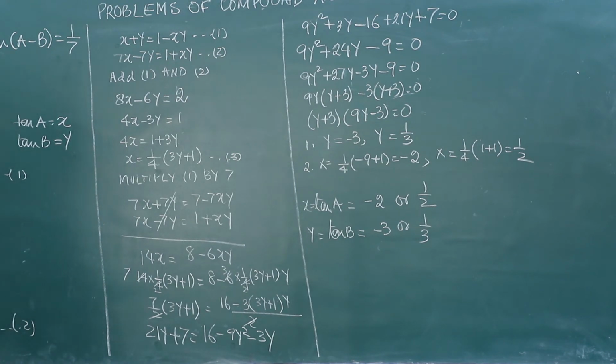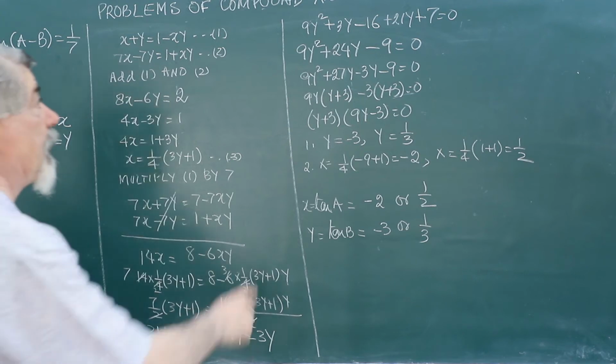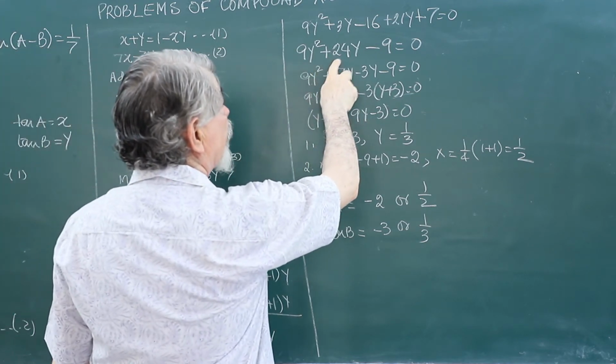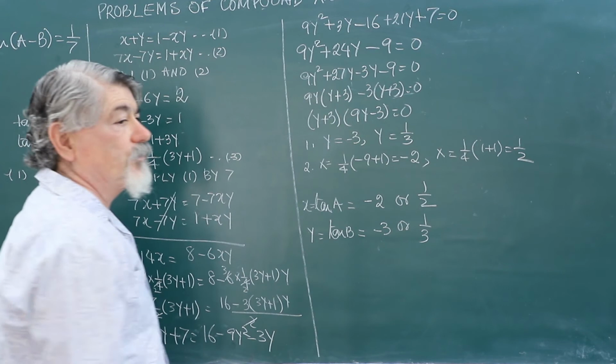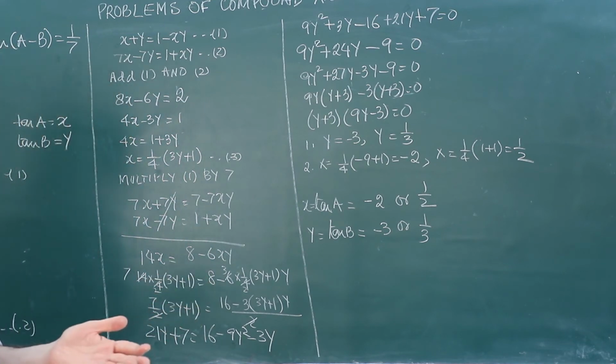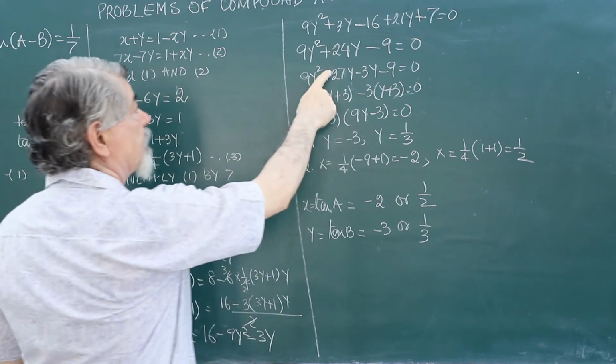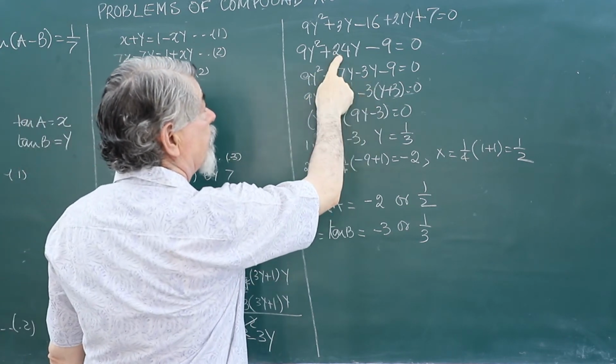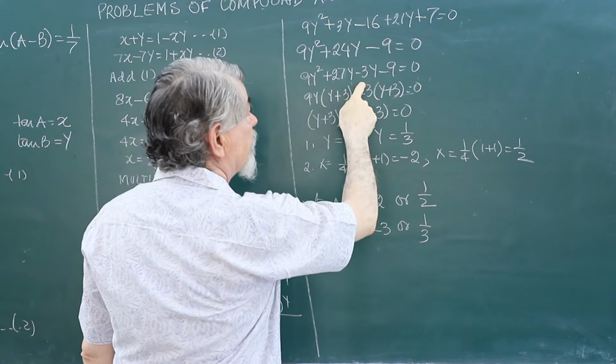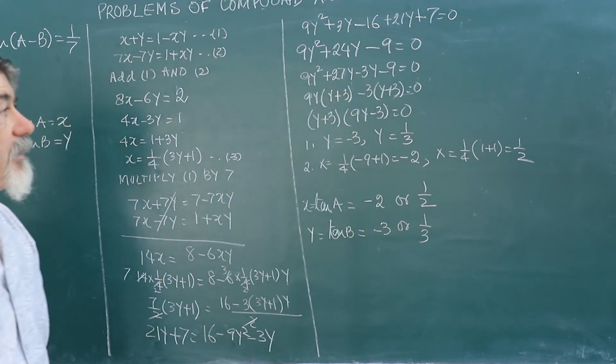When we solve it, we get a quadratic equation in terms of y, which is 9y square plus 24y minus 9 is equal to 0. 9 9s are 81, 27 3s are 81. So we got two factors, 27 minus 3, we get 24, and 27 into minus 3 will give you minus 81.